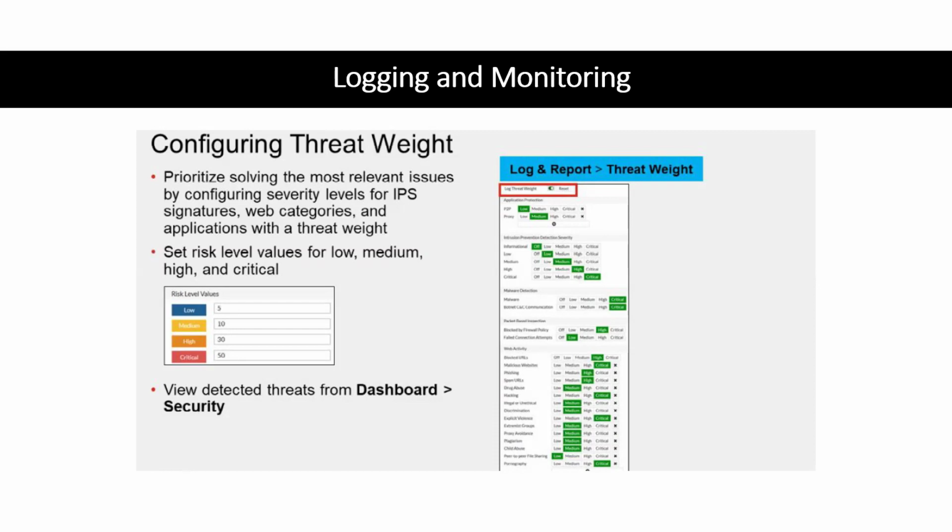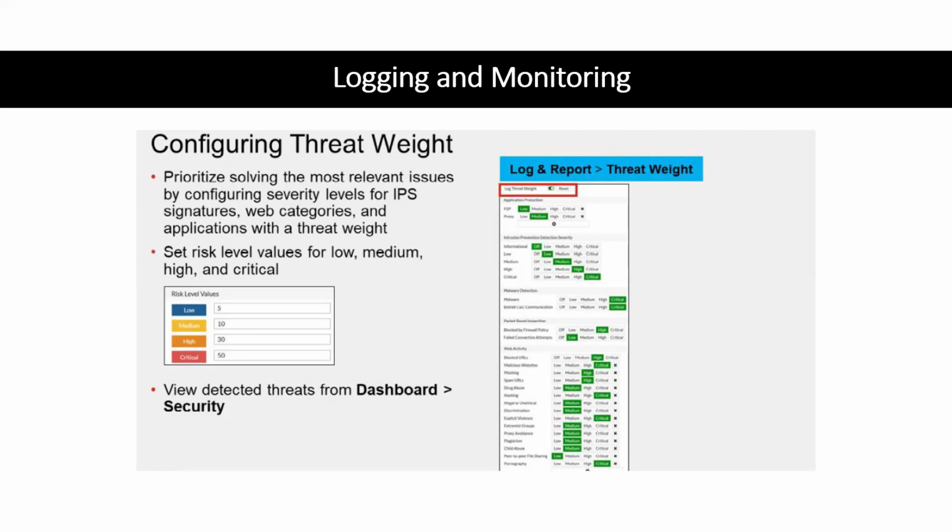In order to prioritize solving the most relevant issues easily, we as engineers can configure severity levels for different UTMs and give each a score, which Fortinet calls a threat weight. So we go to Log and Report, to the threat weight section, and we can give it a risk value. That's what you see in the middle of this.